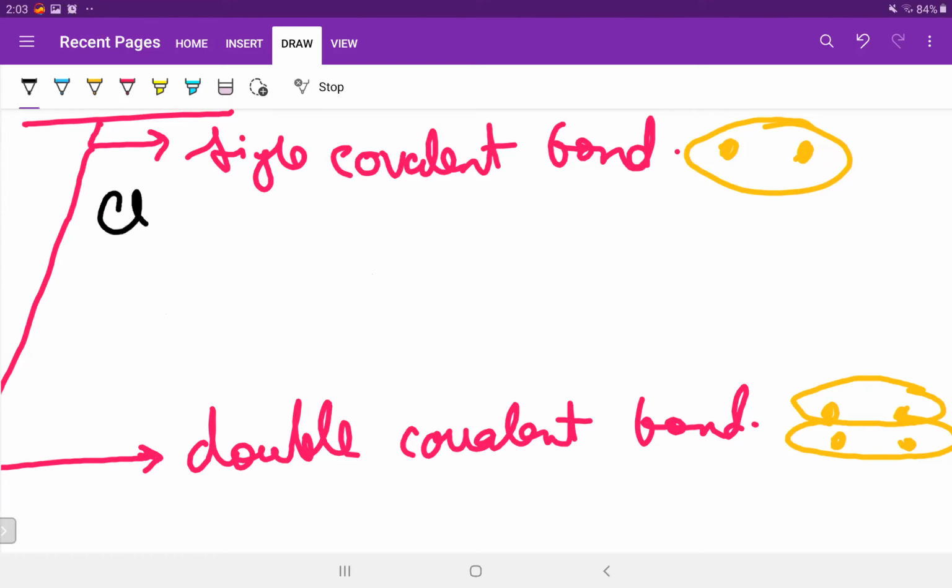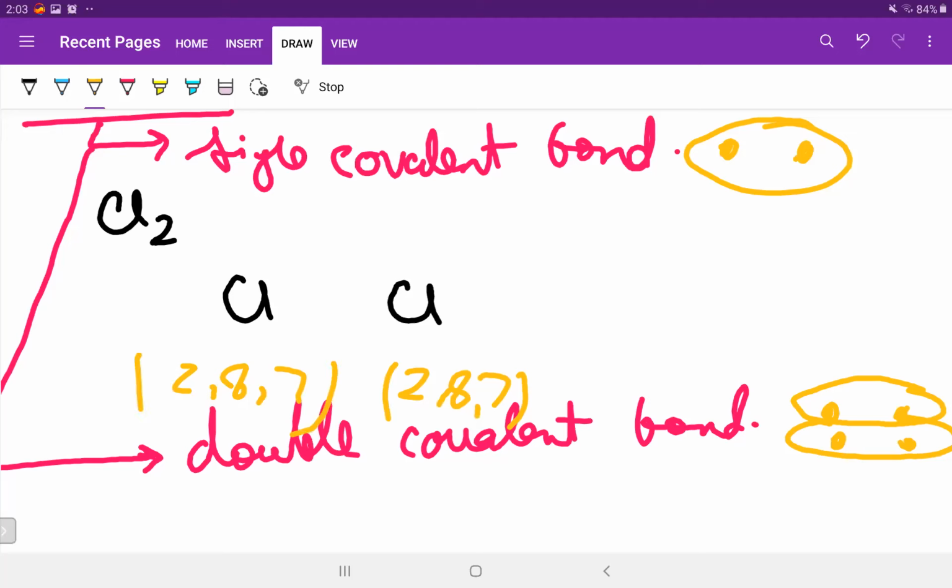So in this chlorine, everybody knows the electronic configuration. We have just read it. So electronic configuration of chlorine is what? 2, 8, 7. So how many electrons is it having in the outermost shell? 7 electrons. 1, 2, 3, 4, 5, 6, 7. And the other is also having 1, 2, 3, 4, 5, 6, and 7.